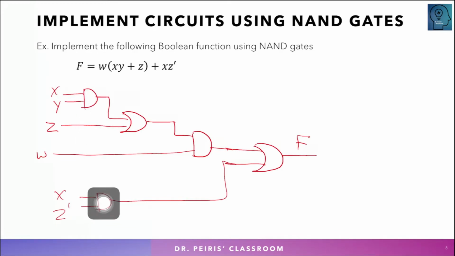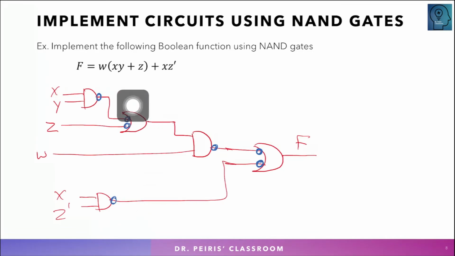So all the AND gates need to be NAND gates. To make that, add the bubbles. This one is already changed. Now we need to add the compensating bubbles for the OR gates. So here are the compensating bubbles, and the same thing here.